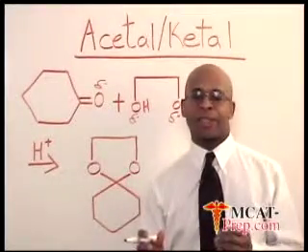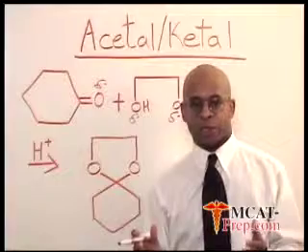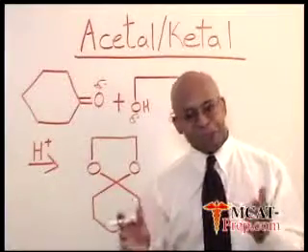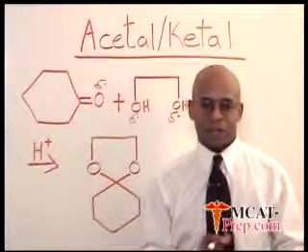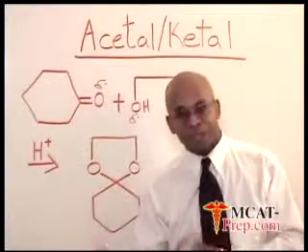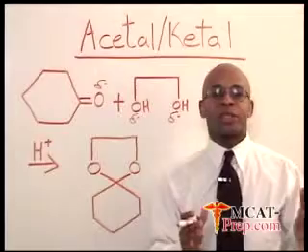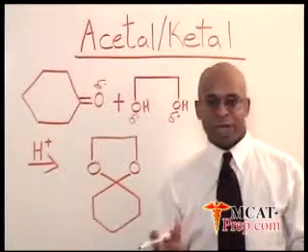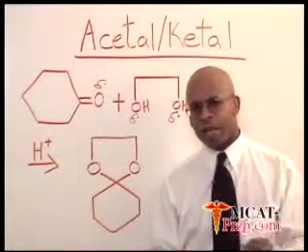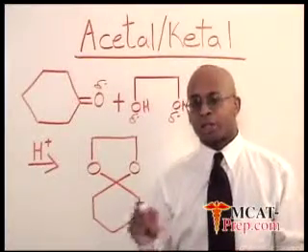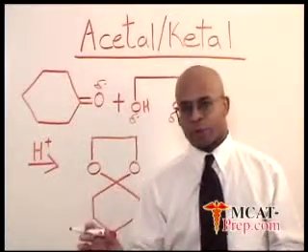Tertiary carbocations are much more stable. And of course, secondary carbocations are in between primary and tertiary carbocations. Some secondary carbocations are more stable than other secondary carbocations. But the bottom line is, primary carbocations are very unstable, tertiary carbocations much more stable.